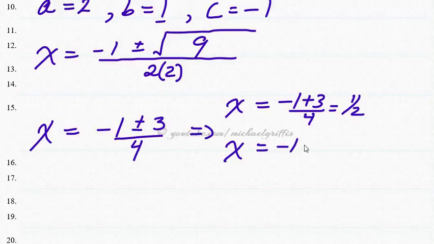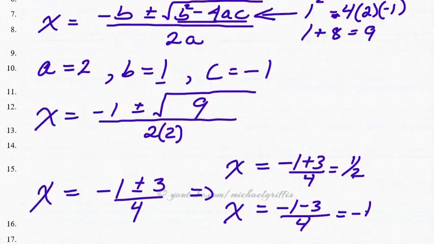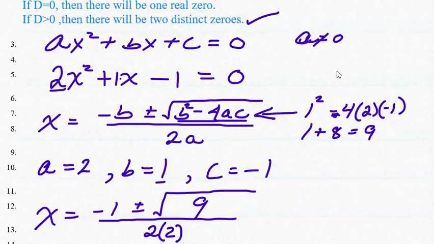Then we have negative 1 minus 3 over 4, which is negative 4 over 4, which is negative 1. So these are our two solutions to the quadratic equation. You can plug those in and check them out, so the left-hand side should be equal to 0.